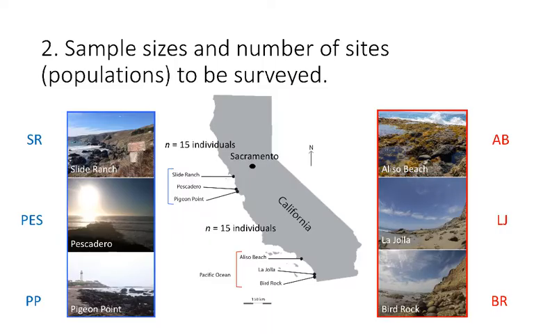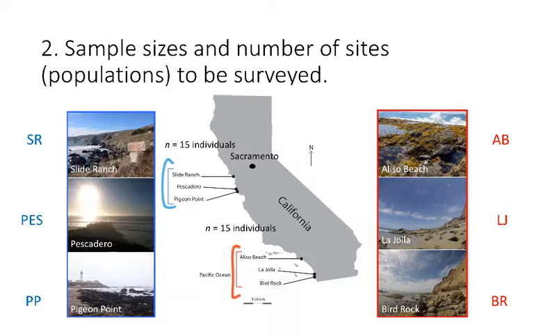So in your approach section, you want to make sure you're including the sample sizes and the number of sites or populations that you're surveying. This is an example from that DD-RAD study that we've worked with in lab previously. So in this case, I would want to make sure I'm explaining that I have a Northern California population and a Southern California population.